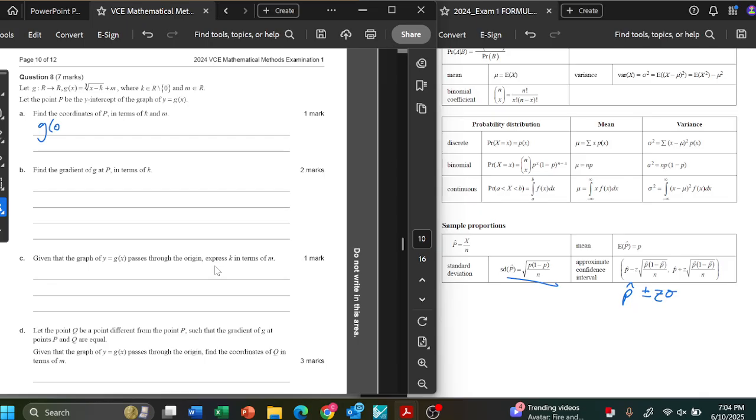So going ahead and doing that, we're just going to substitute in 0, because when we're dealing with y-intercepts, we have x equals 0. So that's going to give us 3 times the cube root of 0 minus k, plus m. And the thing about cube roots is we can actually just take that negative sign outside of that.